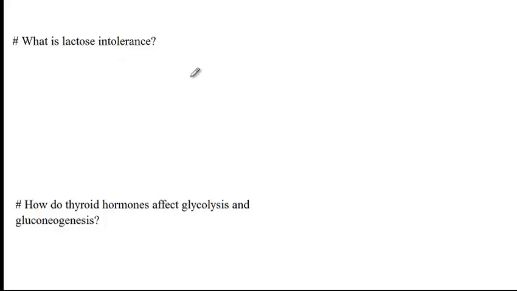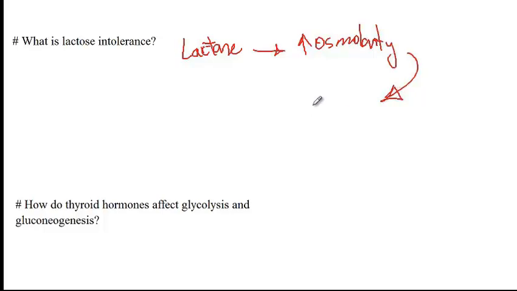So basically, certain individuals don't have lactase activity in the intestinal cells, as a consequence of which lactose cannot be processed until they reach the large intestine, as a consequence of which they would increase the osmolarity of the intestinal content and lead to water retention and diarrhea.